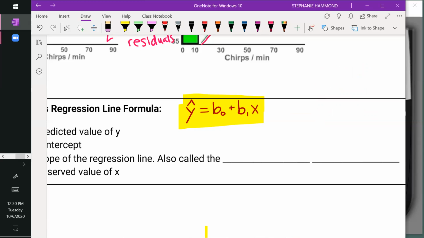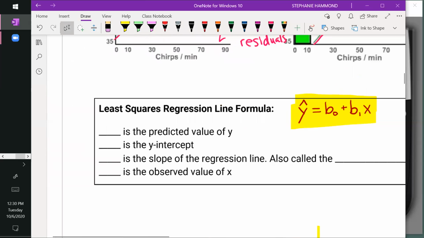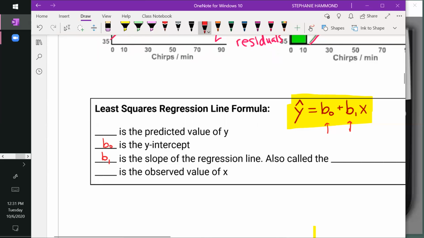So going back to the actual letters that are in here, we already know if this is the same thing as y equals b plus mx, then this is of course going to be the y-intercept. b naught is the y-intercept. And the number in front of x we know is the slope. So b1 is the slope. In statistics, the slope of the least squares regression line has its own special name.